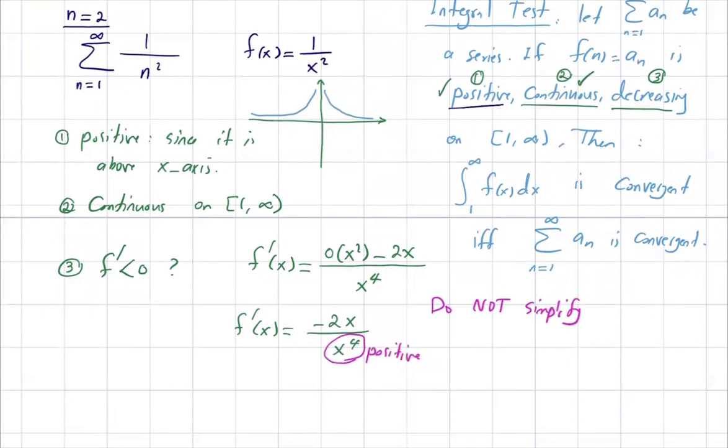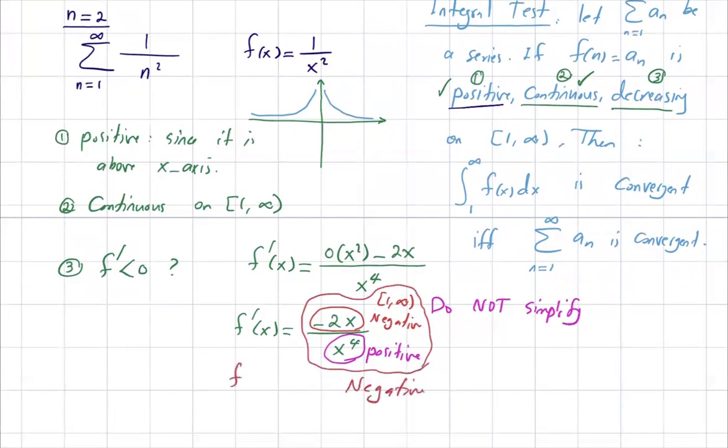On the numerator, you have negative 2x, which is negative on 1 to positive infinity. So the whole fraction is negative.